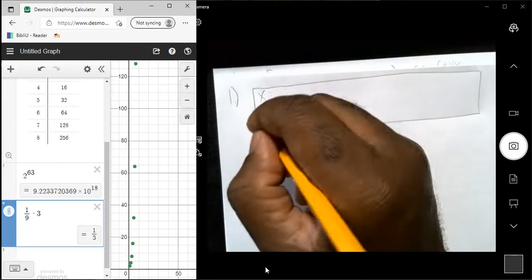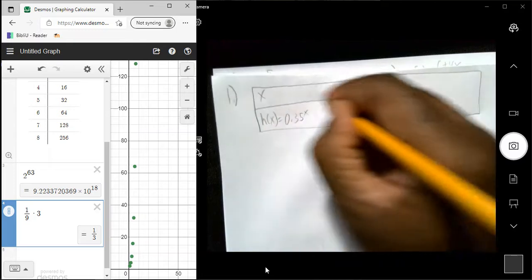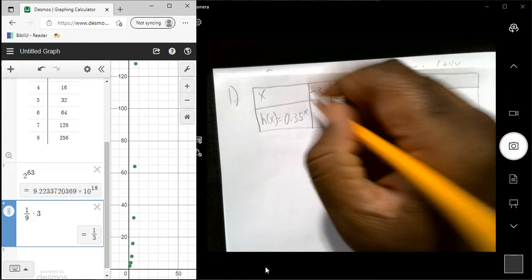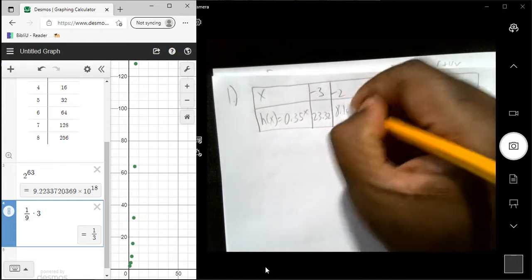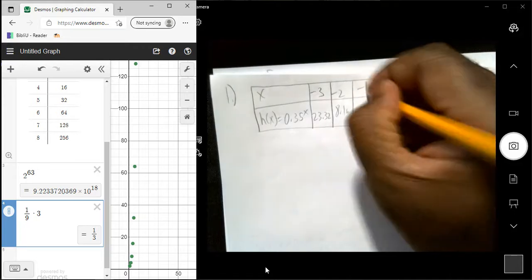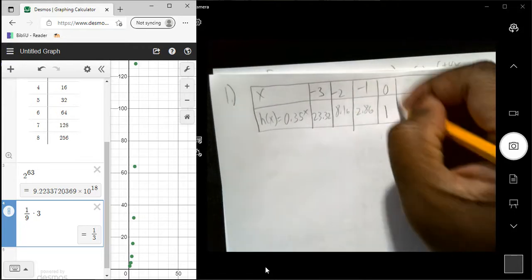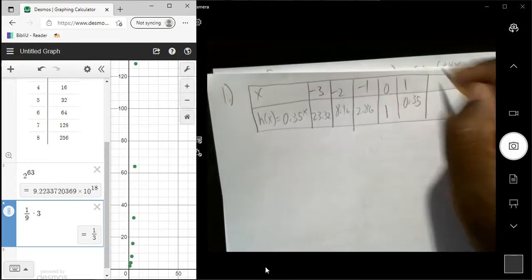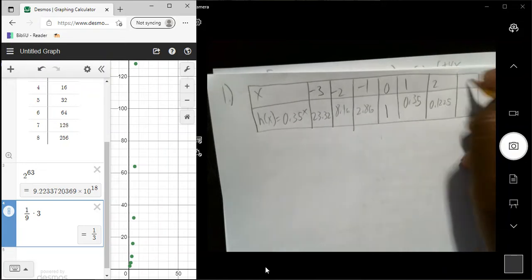So we had x, then we had h of x is equal to 0.35 to the x. So we had -3, 23.32; -2, 8.16; -1, 2.86; 0, 1; 1, 0.35; 2, 0.1225; and then 3, 0.043.